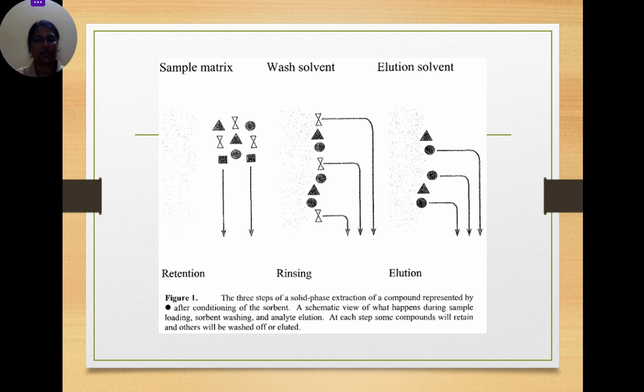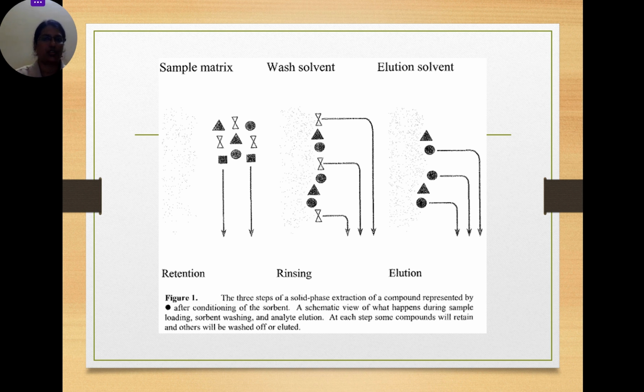So this is one example. If you see how the sample matrix looks, and after washing and elution, you can see the differentiation, how they are getting dissolved and getting eluted. Retention means the sample has been loaded, and we can see the analytes and the impurities or other matrix components retained on the surface of the solid material, as in the retention picture.